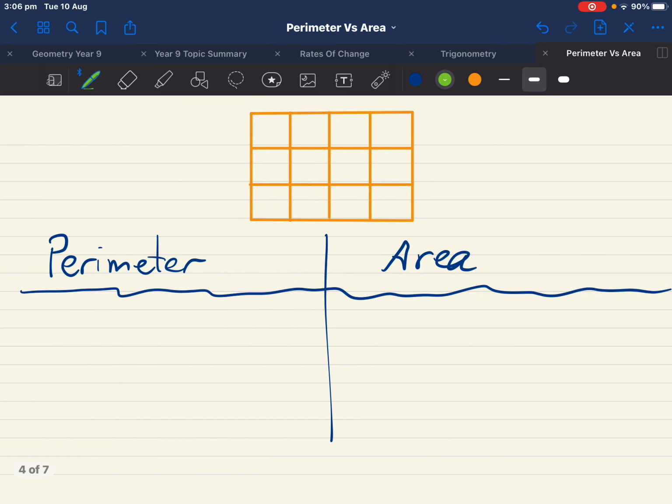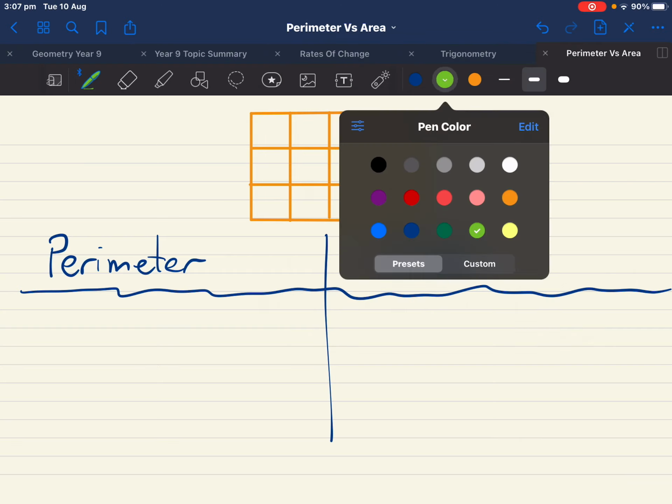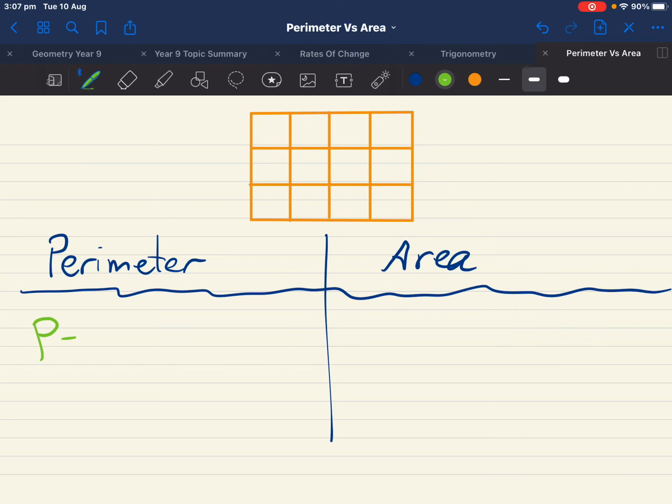Let's move on and look at our first shape where we're going to find the perimeter and area of both. If you've got this shape here, it's a rectangle. It's been split up already into its square centimeters. If we were trying to find the perimeter, I'll use capital P for perimeter.